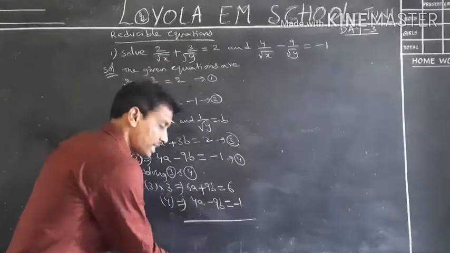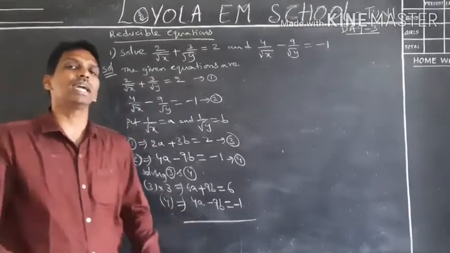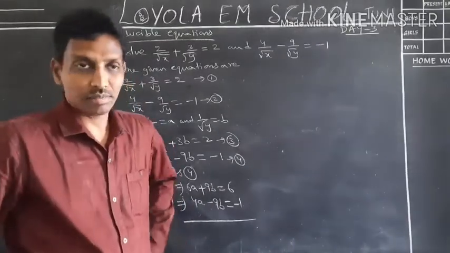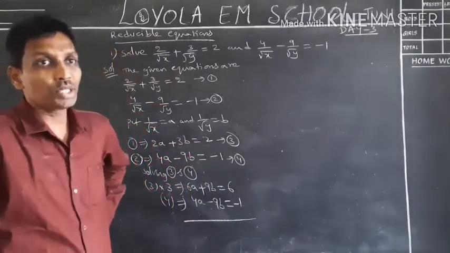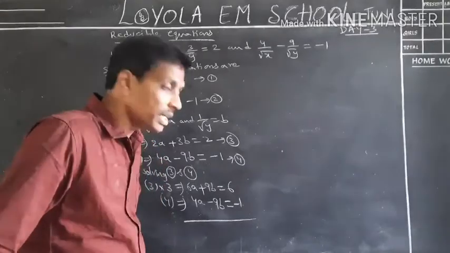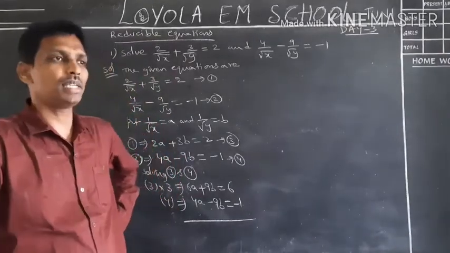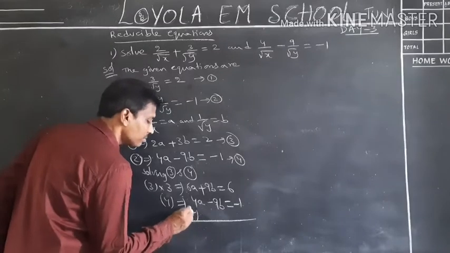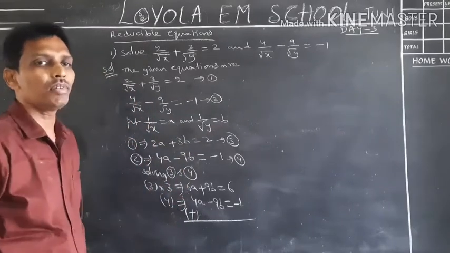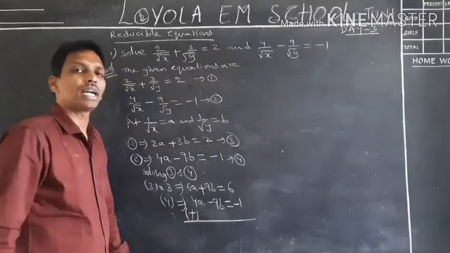Again, in the next condition also we get a and b variables. So what is the use? We would like to eliminate any one of the variables, either a or b. So by adding, we need not change any of the signs of the second condition.